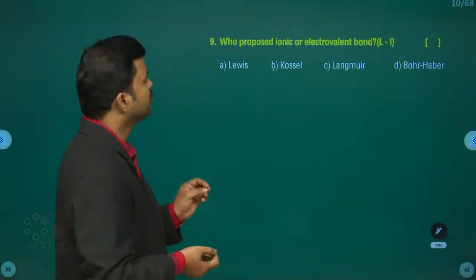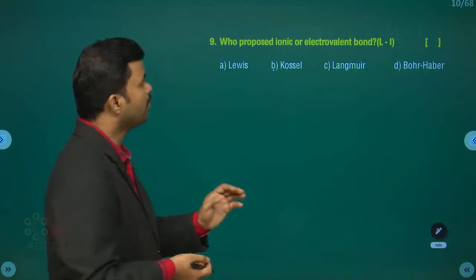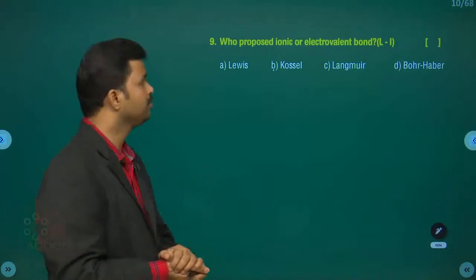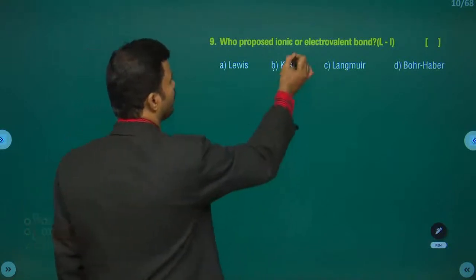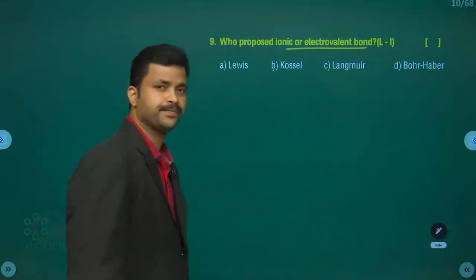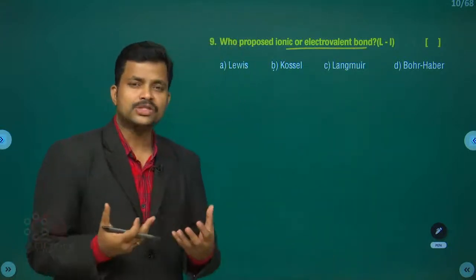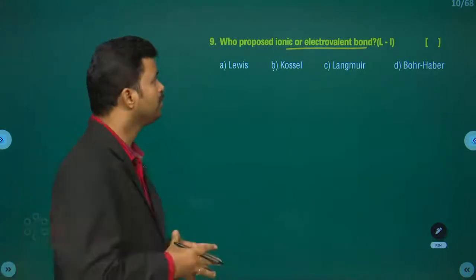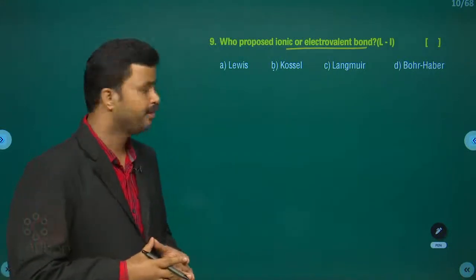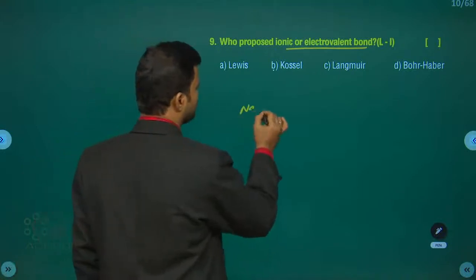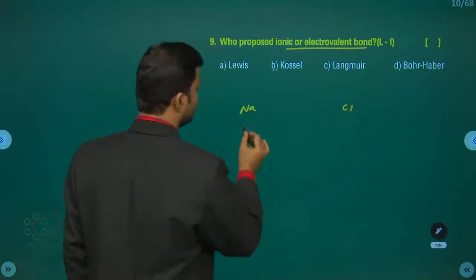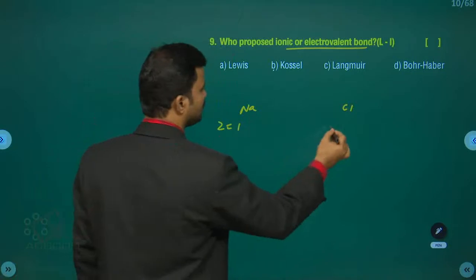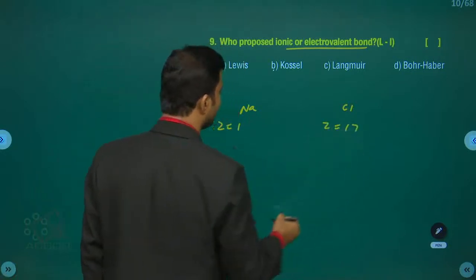Who proposed the ionic or electrovalent bond? The electrostatic force of attraction between two oppositely charged ions is called an ionic bond. For example, take a sodium atom and a chlorine atom. Sodium has atomic number 11 and chlorine has atomic number 17.